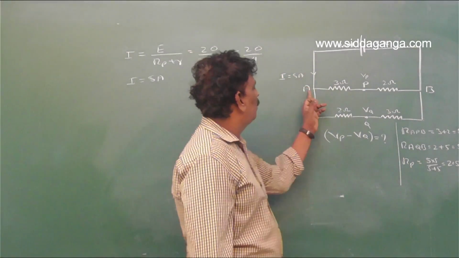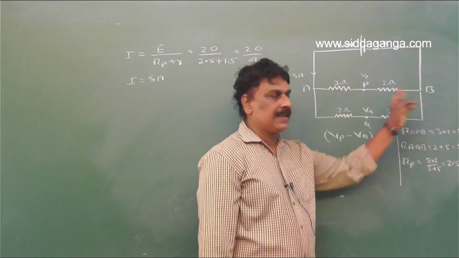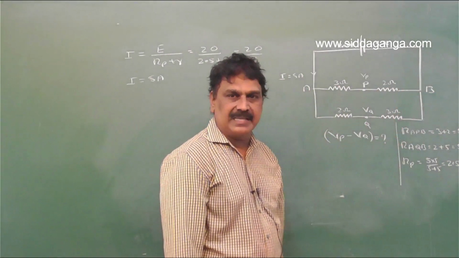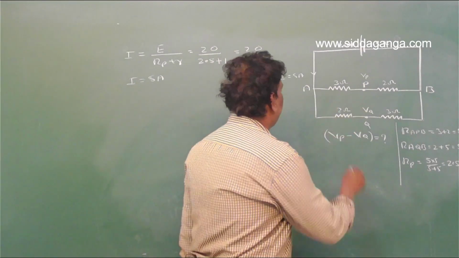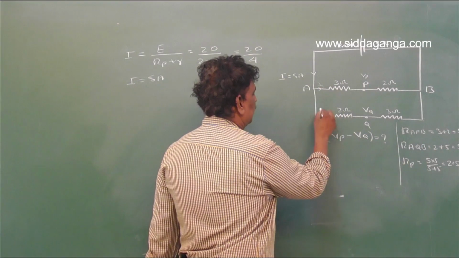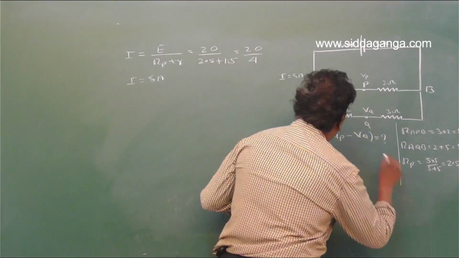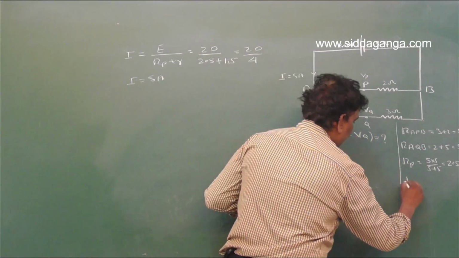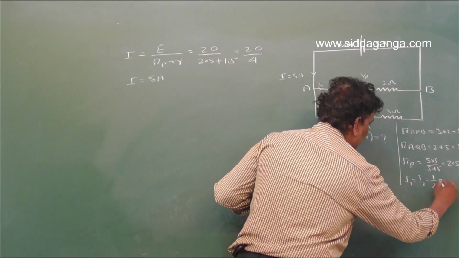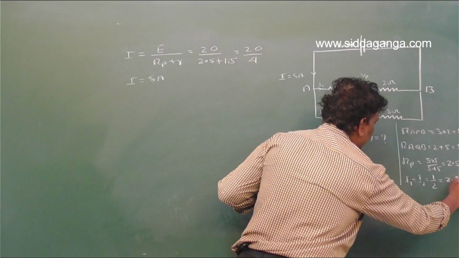Since the two branches APB and AQB have the same resistance, current is divided equally. So I1 is equal to I2 is equal to I by 2, which is 2.5 ampere.